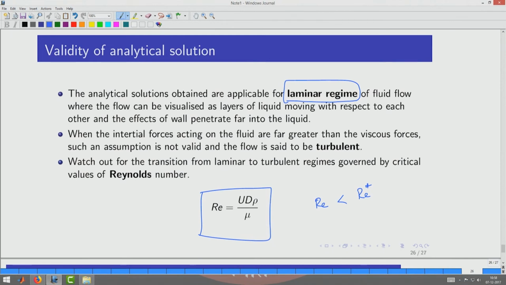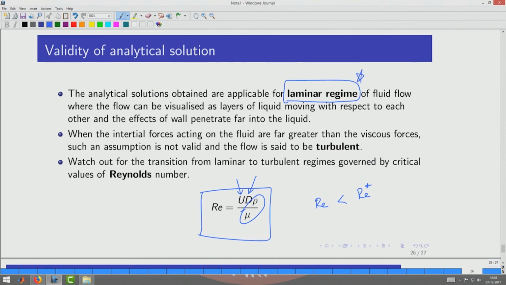So, it is very important to ensure this after we get the solution and plug in the numbers. So, this is the velocity, and these are the length scale distances, and these are the properties we have taken. For this combination we evaluate the Reynolds number and ensure that it is below a particular critical number for that problem, so that the laminar regime is actually valid.